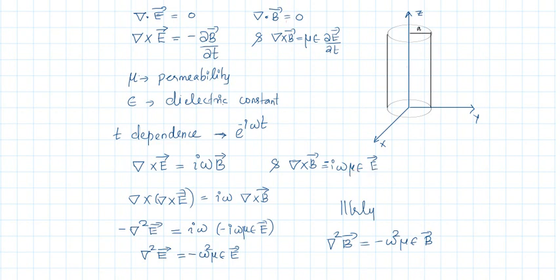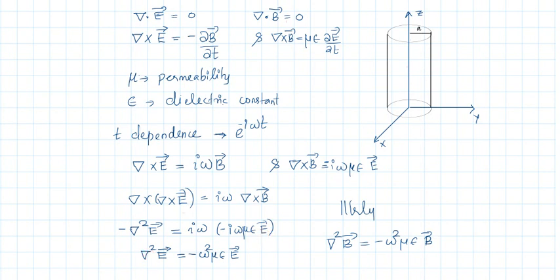Now, take the curl of this equation, that is del cross E is equal to i omega into del cross B. What is del cross del cross E? It is nothing but del of del dot E, but del dot E is 0, so that term goes to 0, minus del square E. So 0 minus del square E is minus del square E. It is on the left hand side. Right hand side, i omega into del cross B, you substitute from this equation, minus i omega mu epsilon E, the electric field.